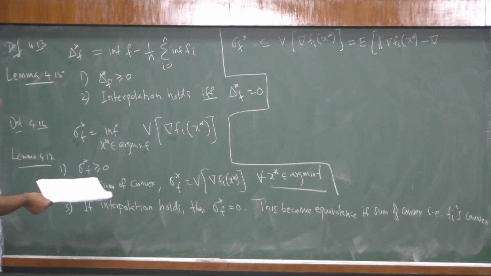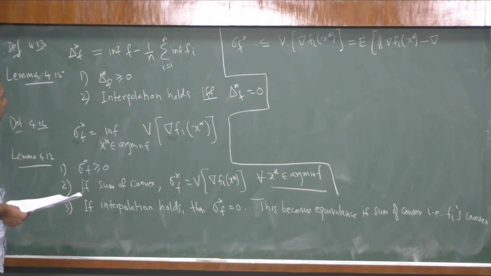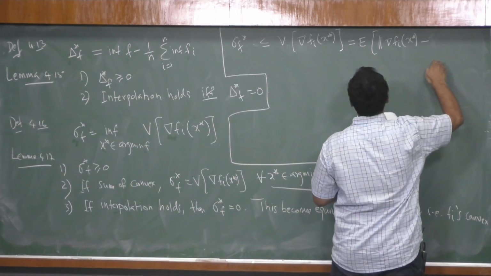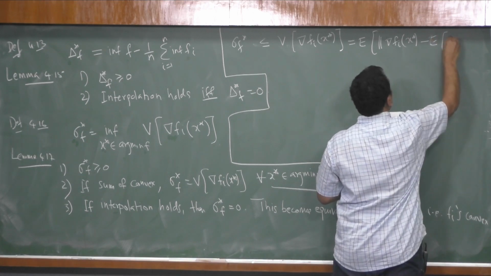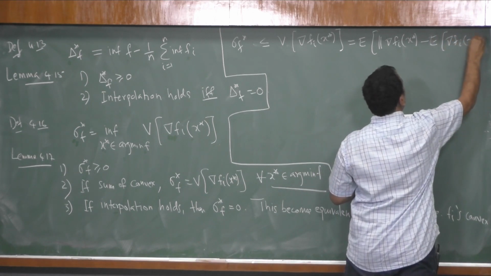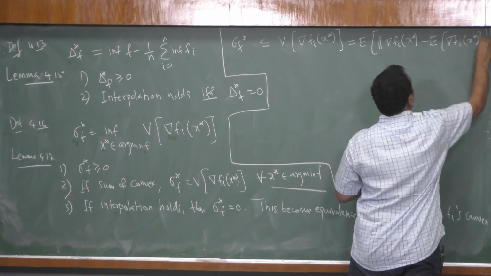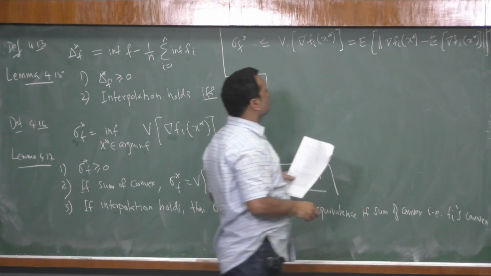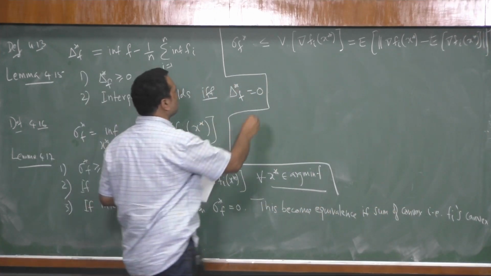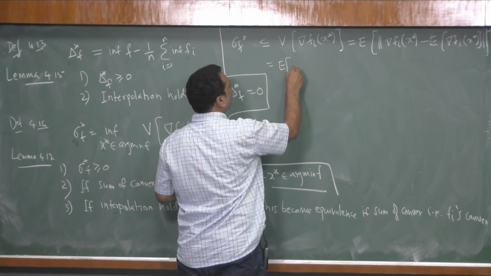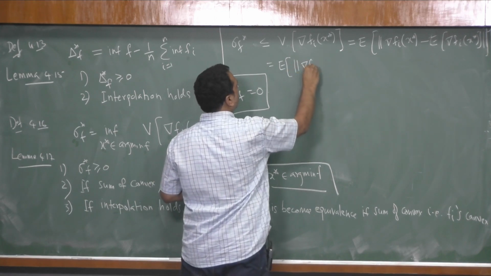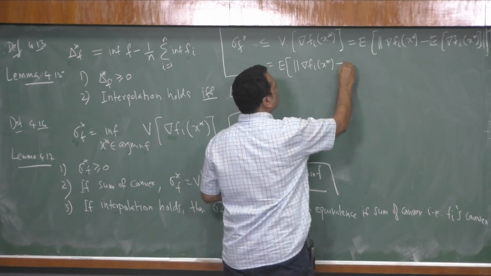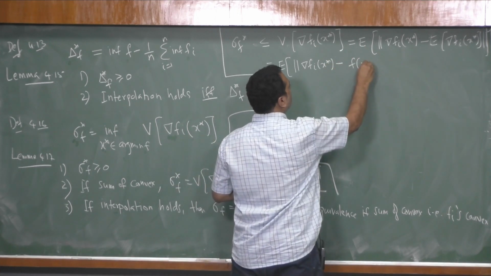Okay, so f is like the average of the f_i's. So if I take the second term, I will do that one extra step. So this is expectation of, and we need a square here also, right? The variance. So this equals expectation of norm of grad f_i x minus, and this becomes f x star, and then grad.